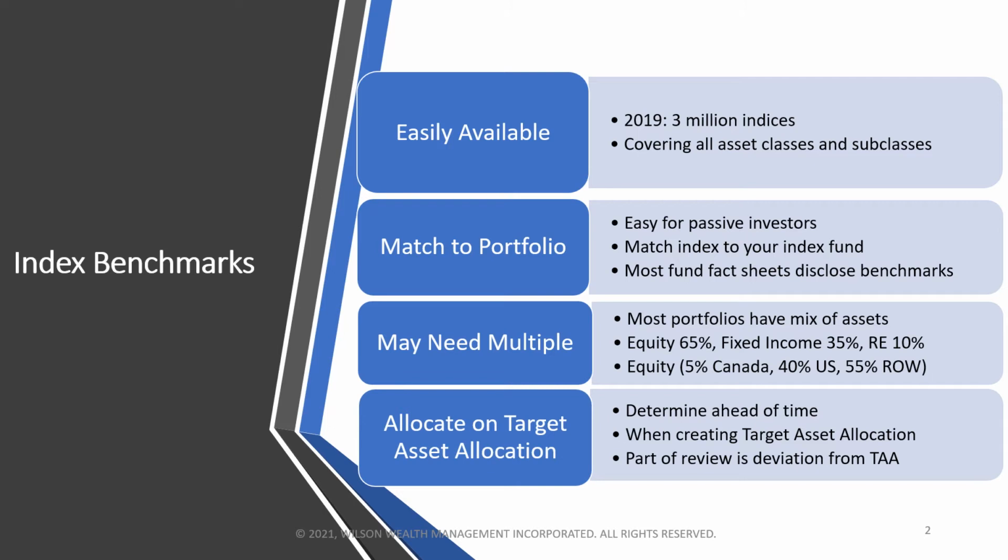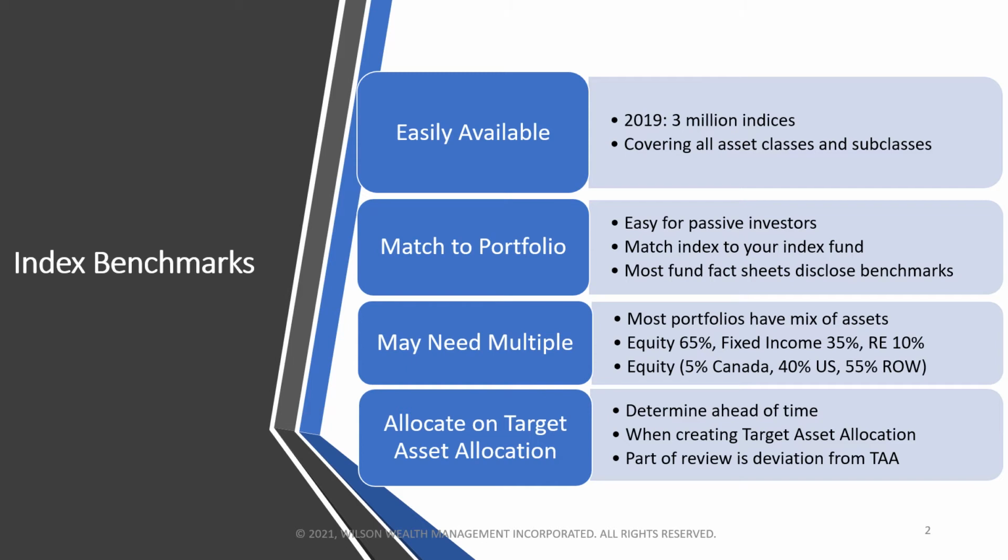The S&P 500 or the TSX capped composite may or may not be appropriate on the equity side, but it's definitely not appropriate on the fixed income or the real estate side. So again, you need to find different indices based on your different asset allocations.